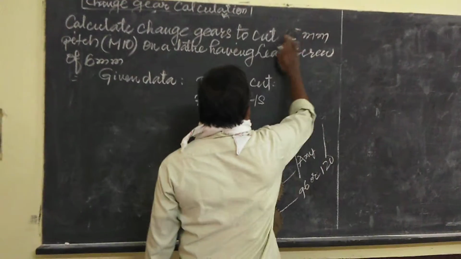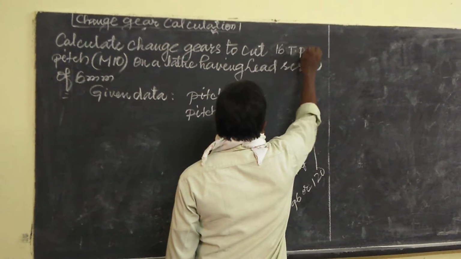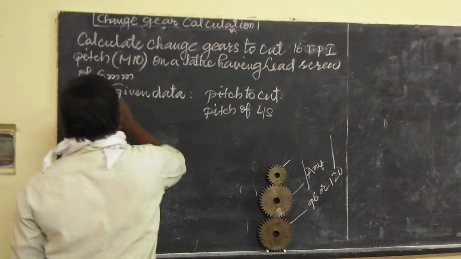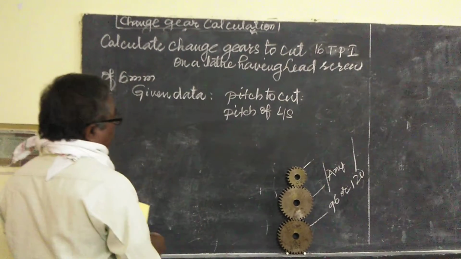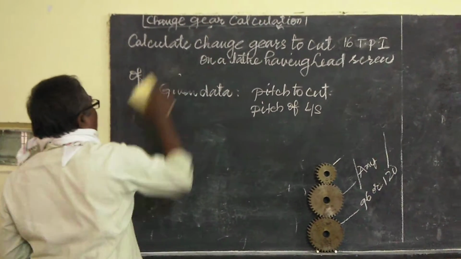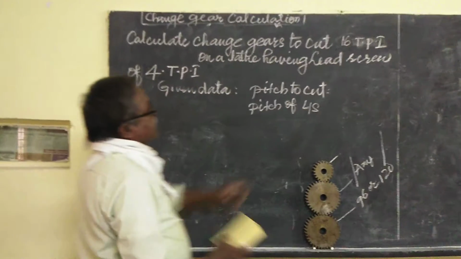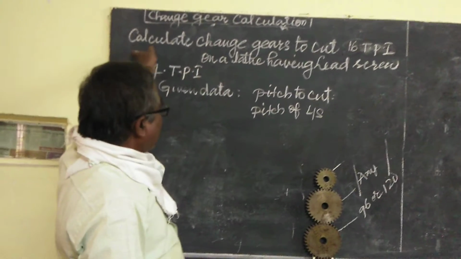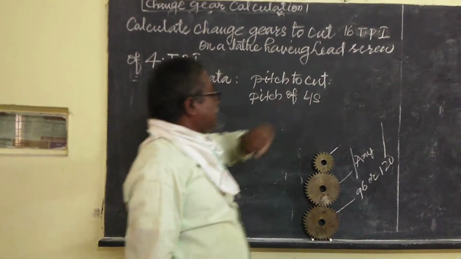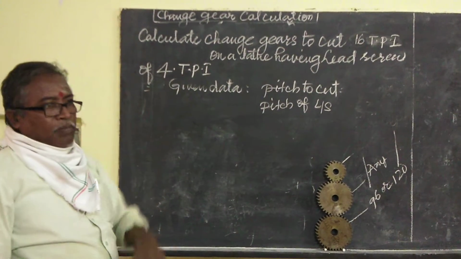So here the lead screw, a small machine. Calculate the change gears to cut 16 TPI on a lathe having lead screw of 4 TPI. So here TPI is given and here also TPI is given.